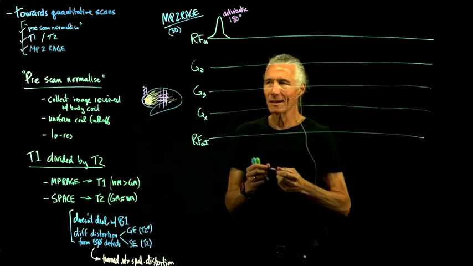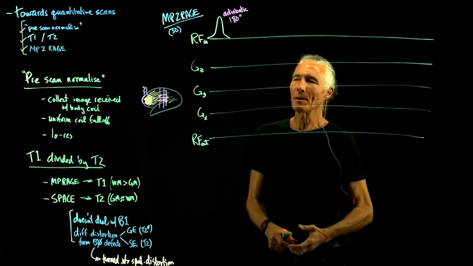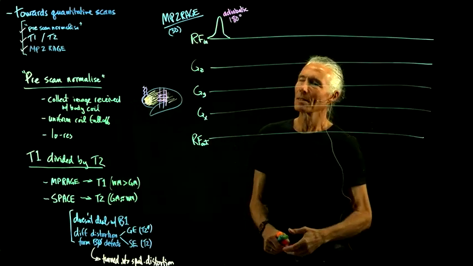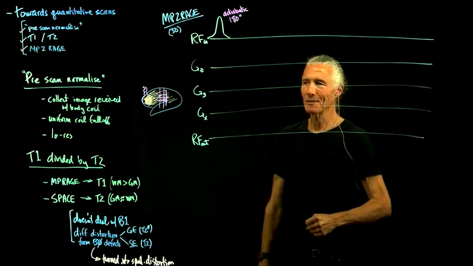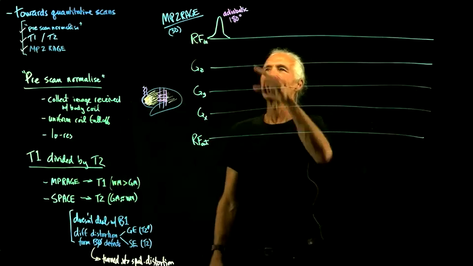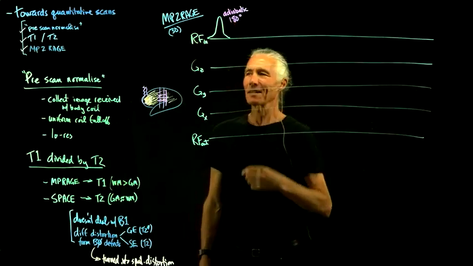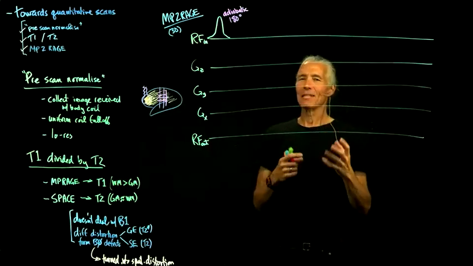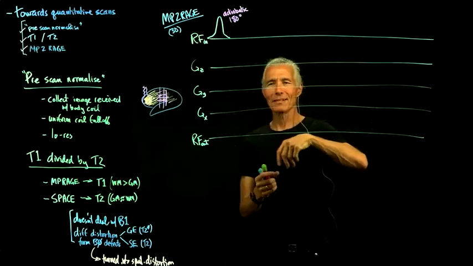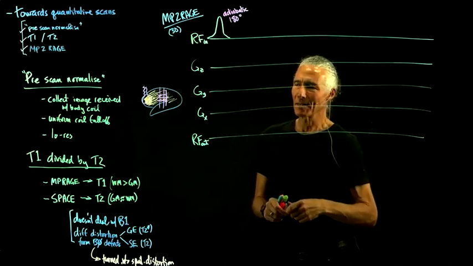If you do a hard pulse or even a sinc pulse, that's more like a hammer. You're just banging on the brain. An adiabatic pulse means a kinder, gentler pulse, where you slowly take your time and sweep all the protons into alignment with each other.